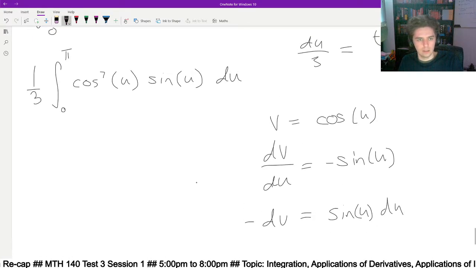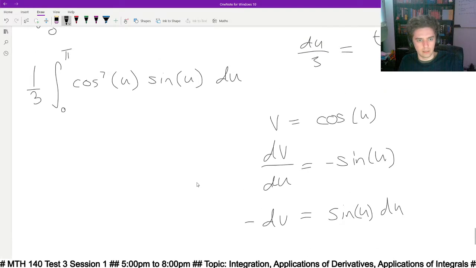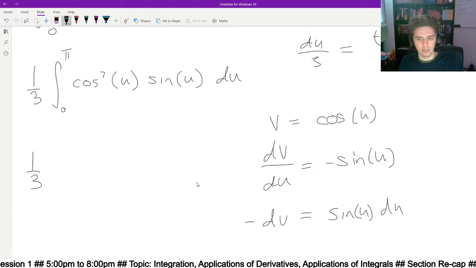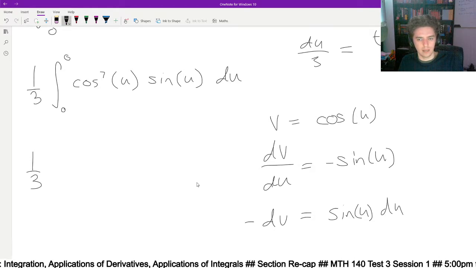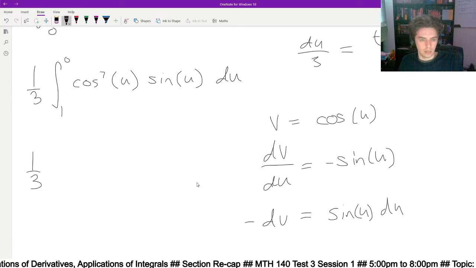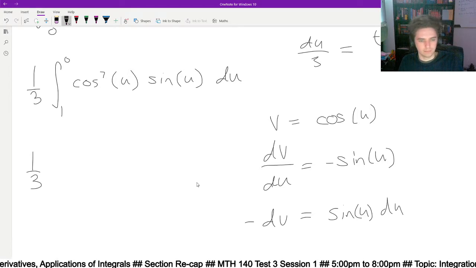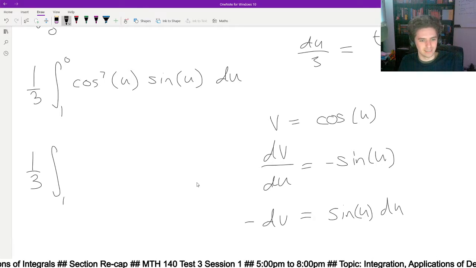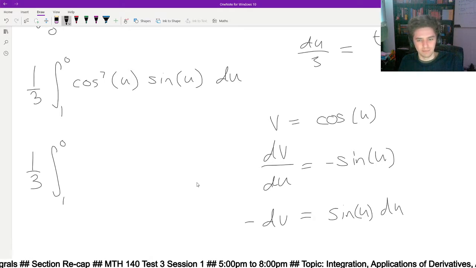Right? So this is going to be 1/3. Now I'm going to have to actually evaluate this. So v equals cos u, right? So cos of pi is 0, and cos of 0 is 1. So it's from 1 to 0. If they are backwards, it's okay. Why is it okay? Not quite sure, but that's what my teacher said. So, okay.